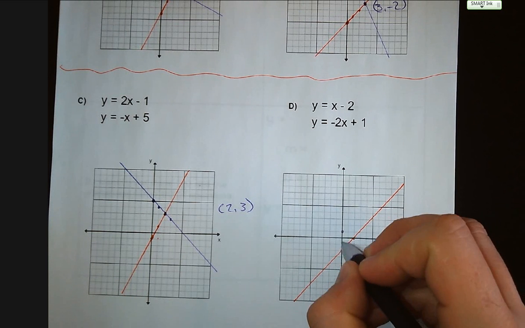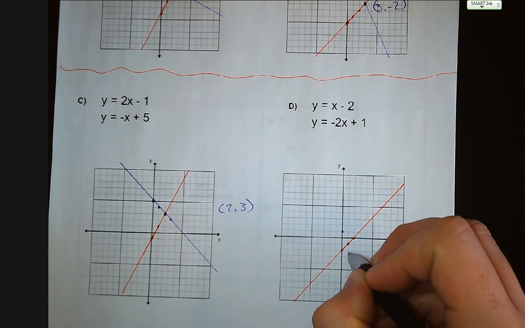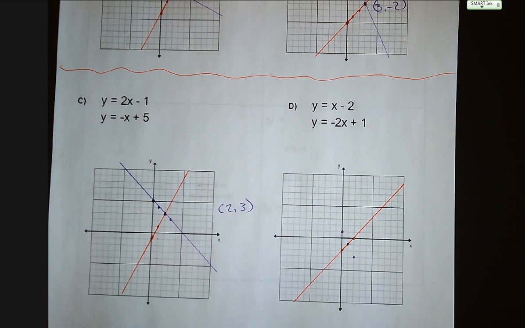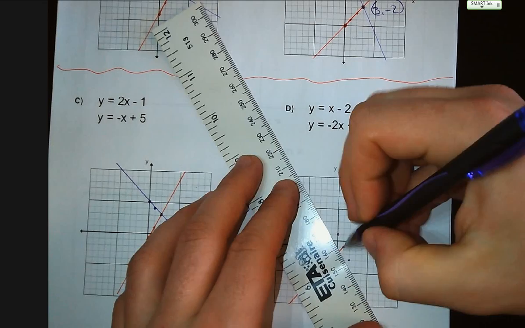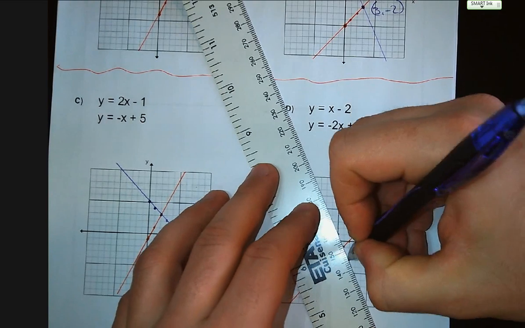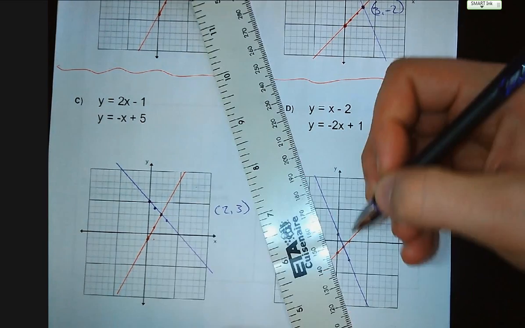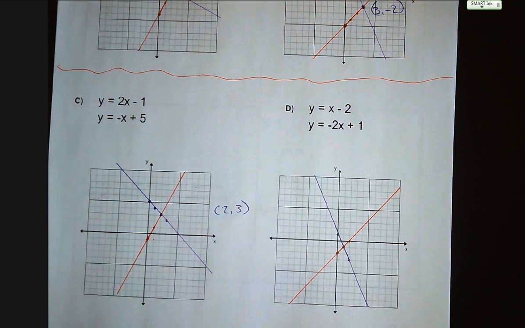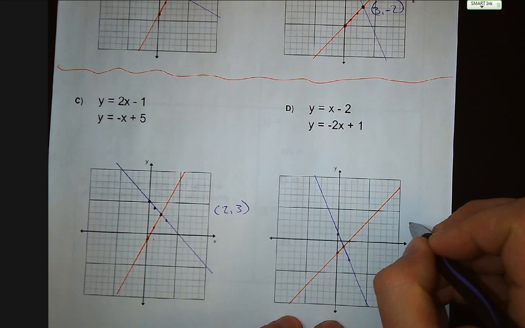So we're going down 2 and to the right 1. And we connect our lines. Connect our dots, make a line. And our solution is at 1, -1.